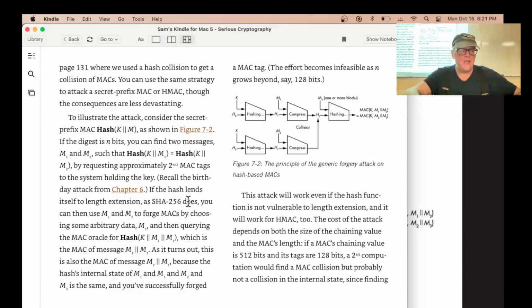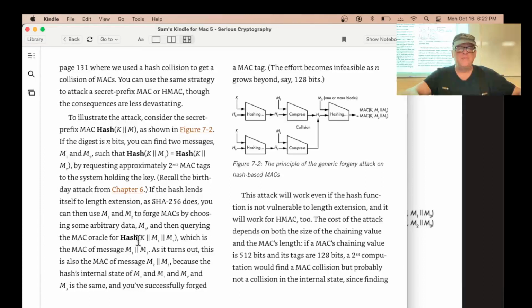If the hash lends itself to length extension, yeah. There, the effort becomes infeasible as n grows beyond 128 bits. What is n? If the digest is n bits, you can find two messages such that the hash matches by requesting 2 to the n over 2 MAC tags. Okay, that's the birthday attack. If it has length extension, you can use M1 and M2 to forge MACs.